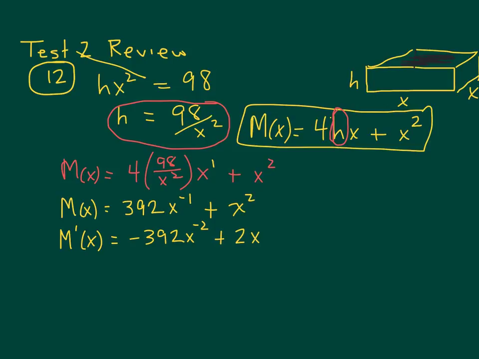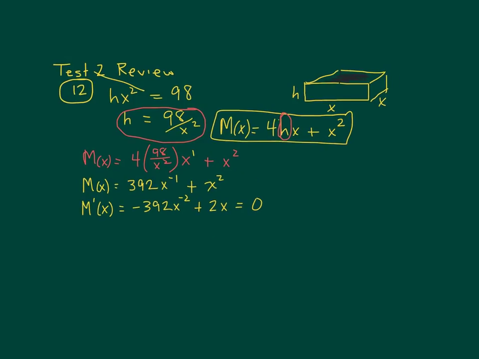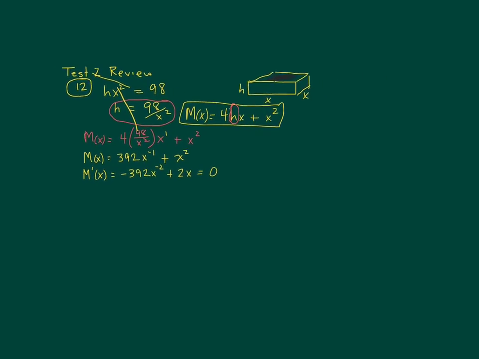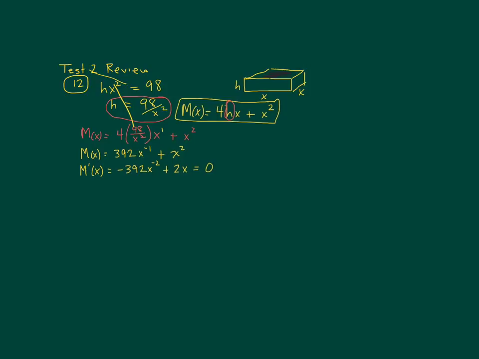So now we want to set this equal to 0 and solve for x. So setting that equal to 0, and I could rewrite this algebra a bit. I'm going to make this a little bit smaller, so I have a little extra room here. So we could add 392 over x squared to both sides.